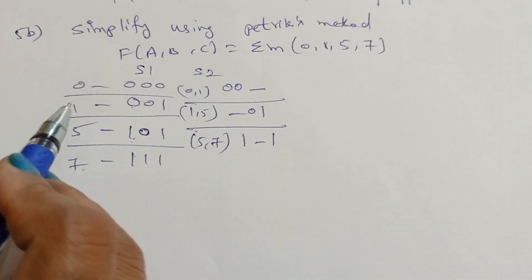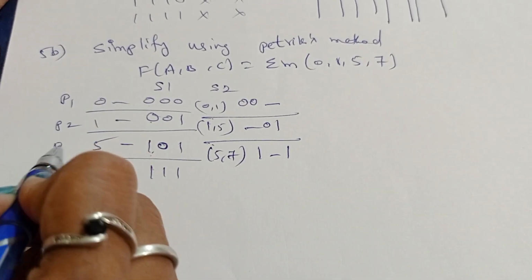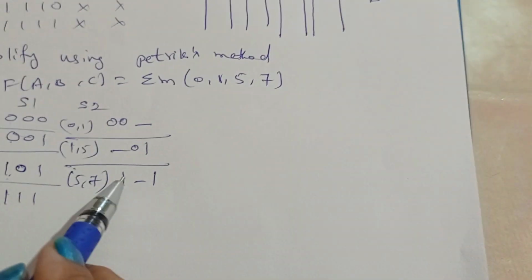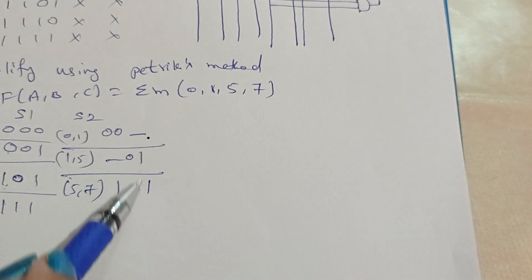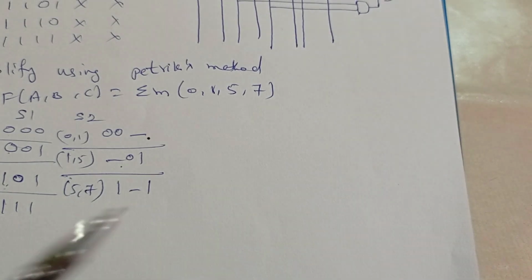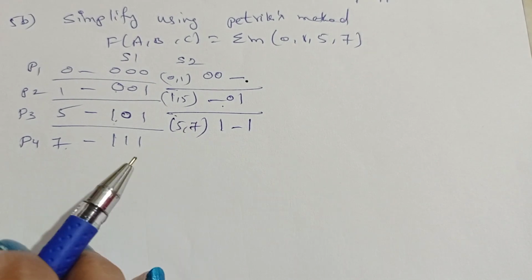For Petrick's method, here we need to write P1, P2, P3, P4. Again, is it possible for a third stage? Hyphen is not present. Next, hyphen 0 1, it is not there. So stop here. There are no other stages.